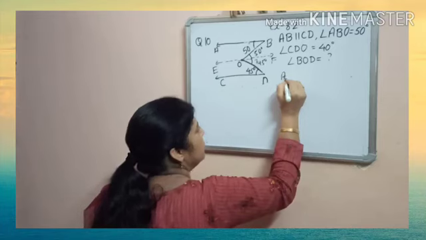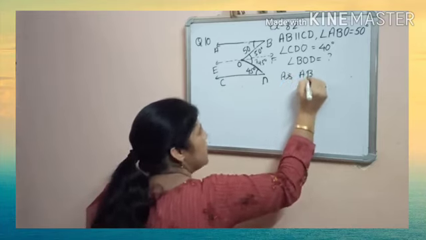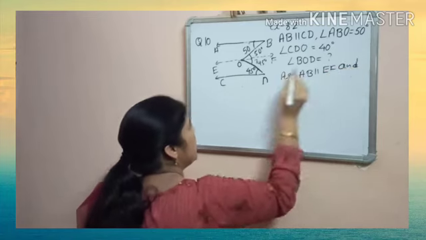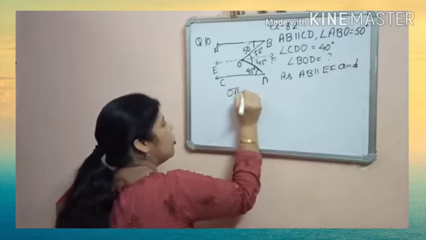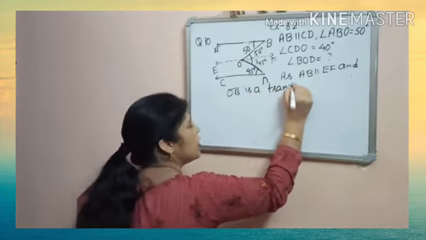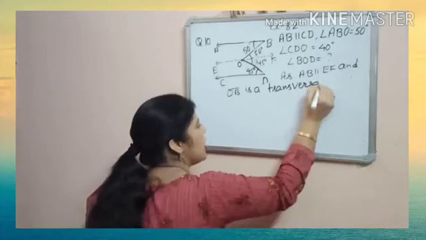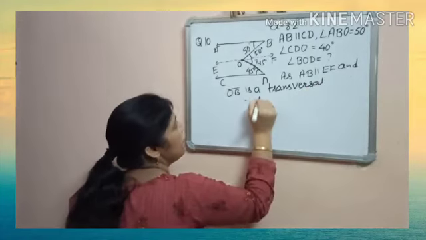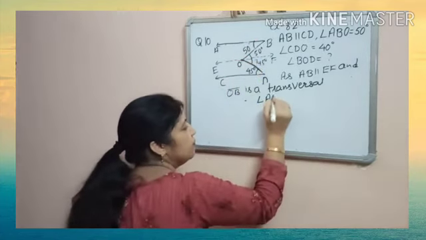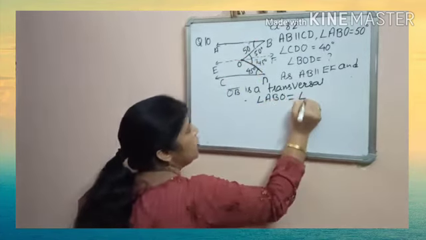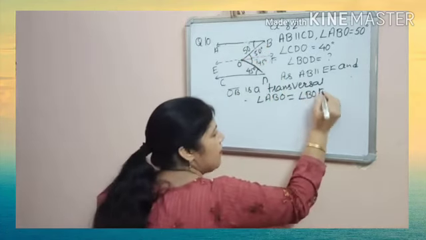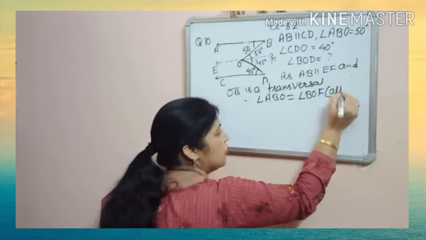As AB is parallel to EF and OB is a transversal, therefore angle ABO is equal to angle BOF. By which relation?